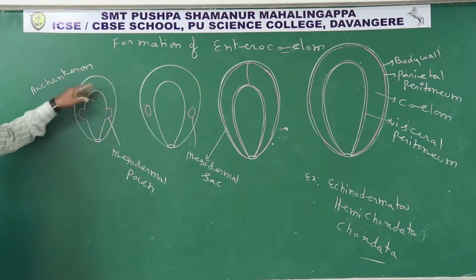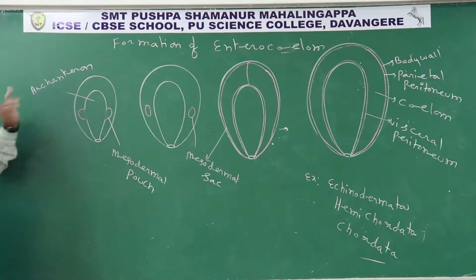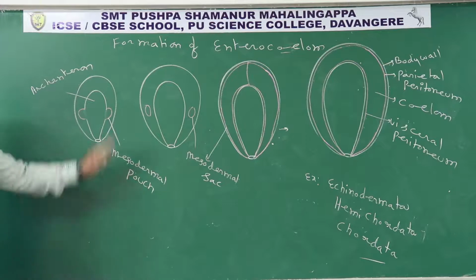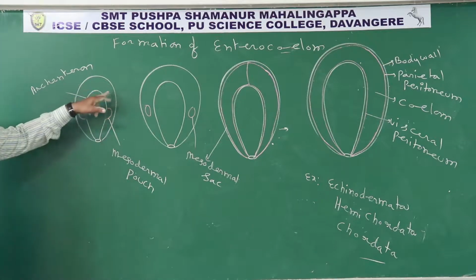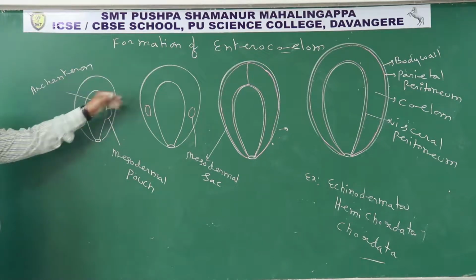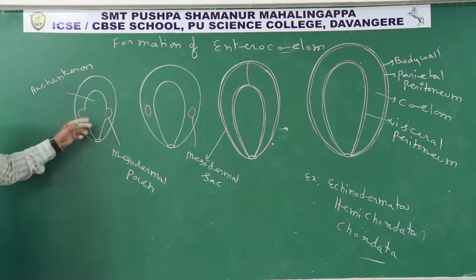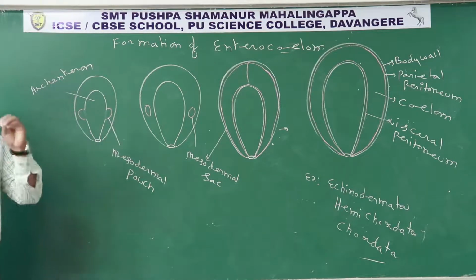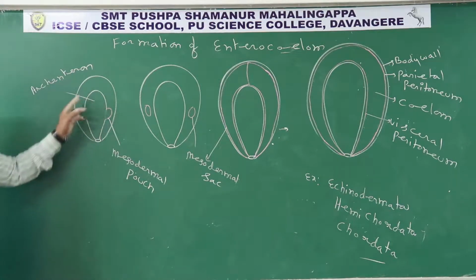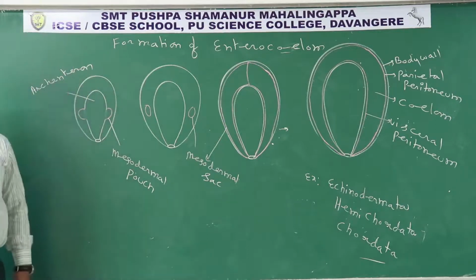The cavity encircled by endoderm is known as archenteron. Cavity lined by endoderm is known as archenteron. So, simple definition: if coelom is formed from the archenteron, it is known as enterocoelom.